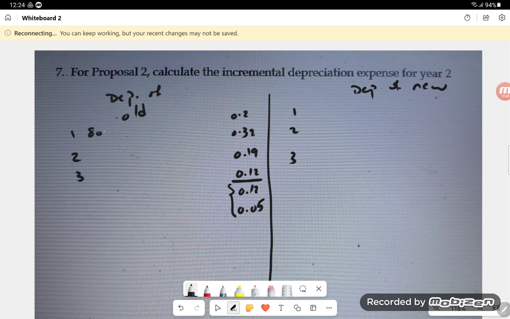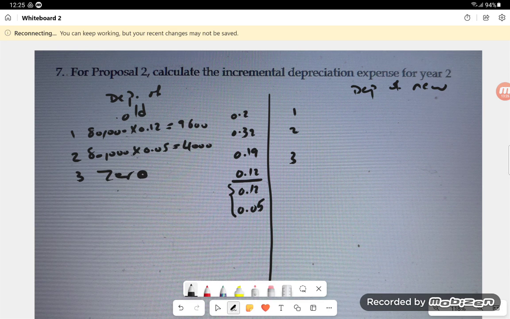So it will be 80,000 multiplied by 0.12, which is 9,600. And for year 2, it will be 80,000 multiplied by 0.05, so it will be 4,000. For year 3, there is no depreciation, so it will be 0, as the book value of the asset in this case will be 0.